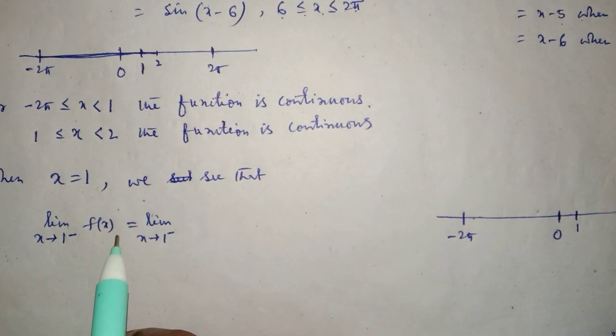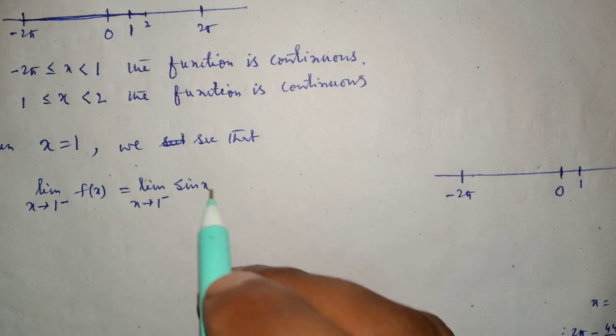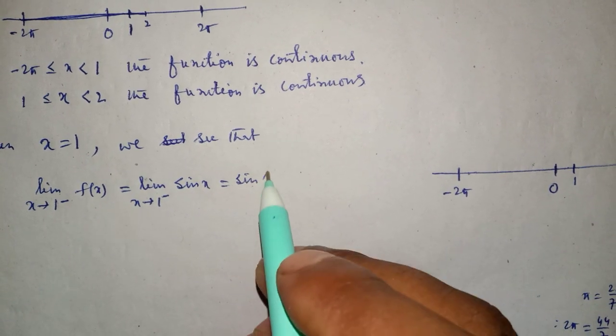So limit x tends to 1 minus sin x is equal to sin 1.